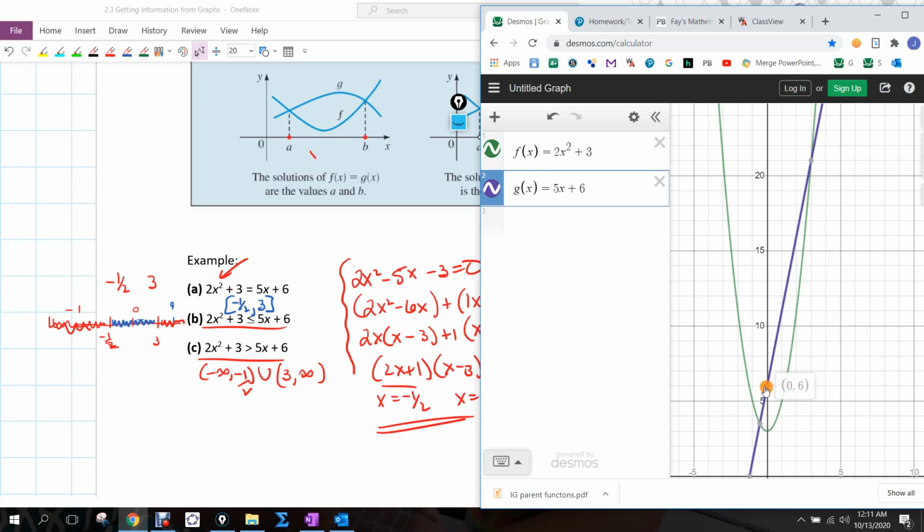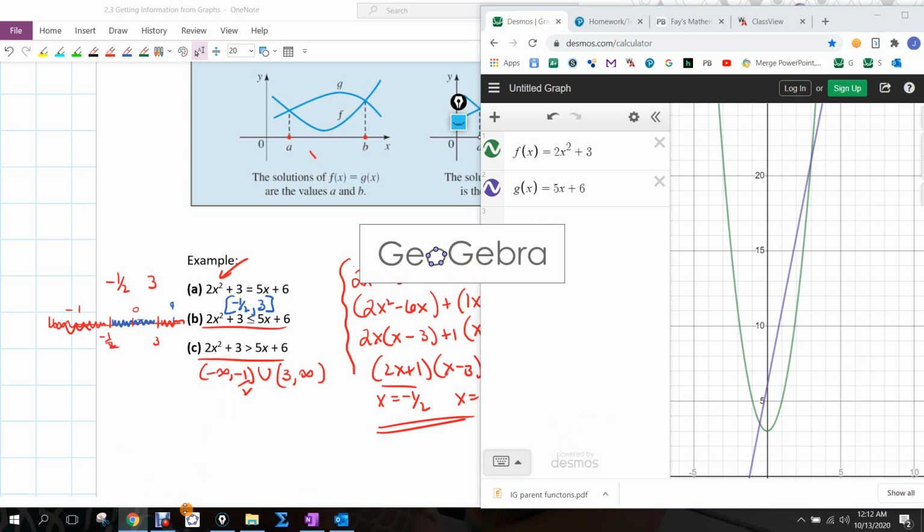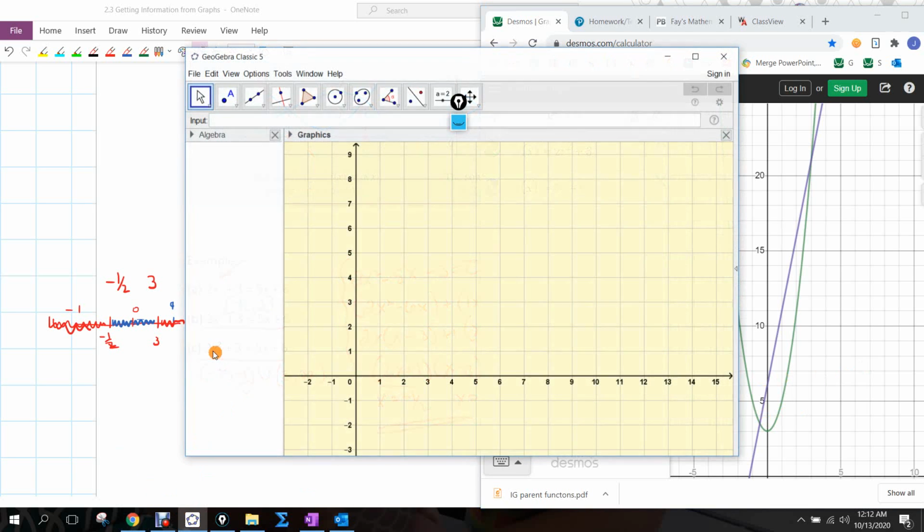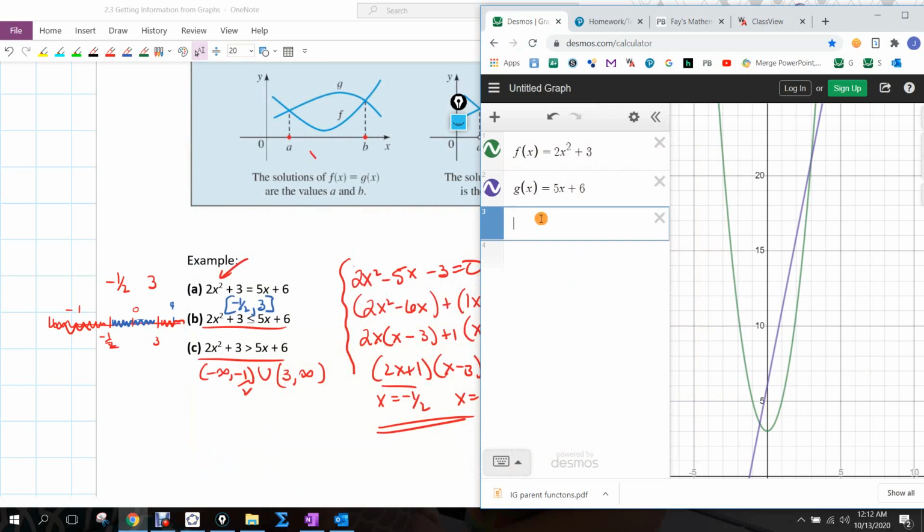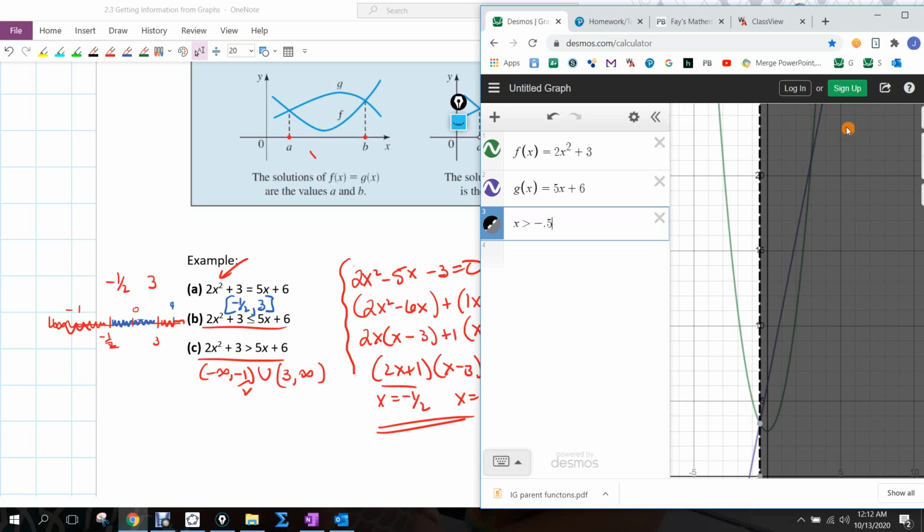Now what we're going to do is look at the left of -1/2. I think I can make this a little bit easier to see. Let me just try something real quick. X is greater than -0.5. There we go. I'm just going to make that black so you can't see that.